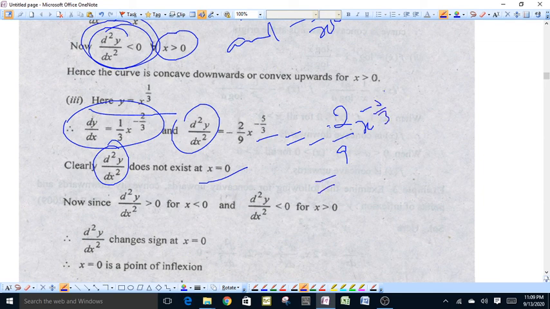This can be written as -(2/9) times 1/x^(5/3). This means the second derivative at x = 0 does not exist.